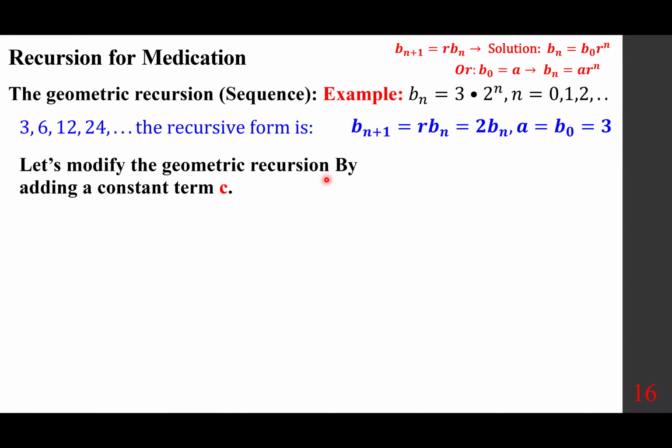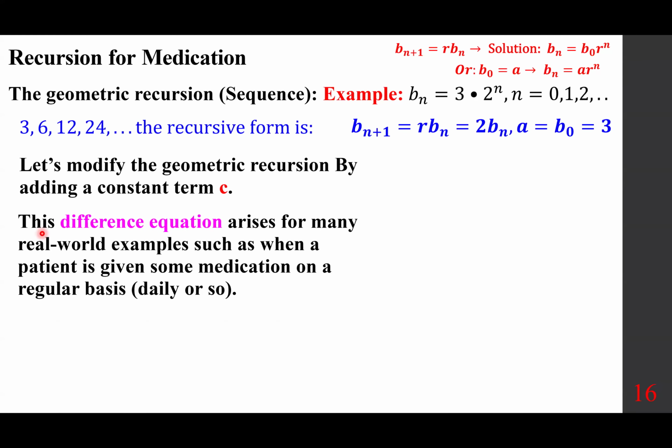Let's modify the geometric recursion by adding a constant term C. In other words, to this one we want to add a C. This difference equation arises in many real world examples, such as when a patient is given some medication on a regular basis, daily or so, and it becomes B sub n plus 1 equals R B sub n, and we are adding a constant.